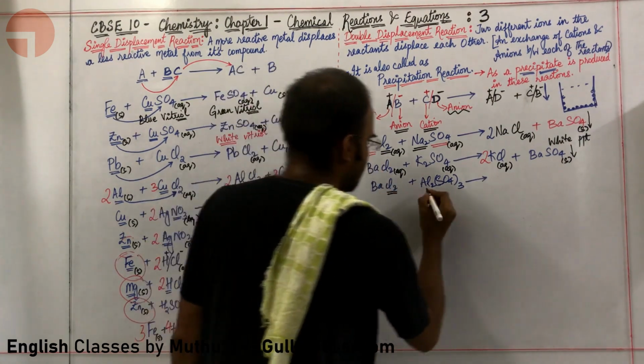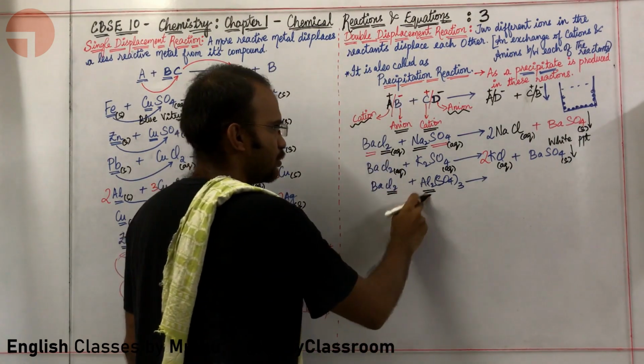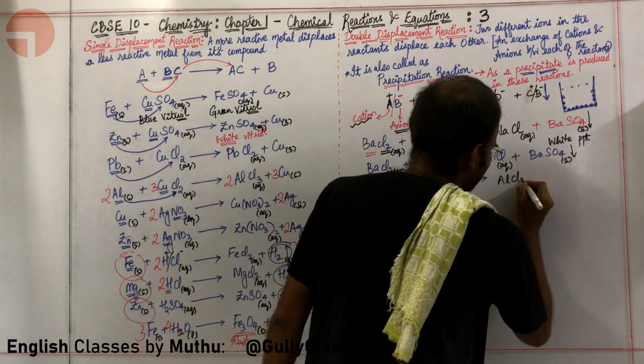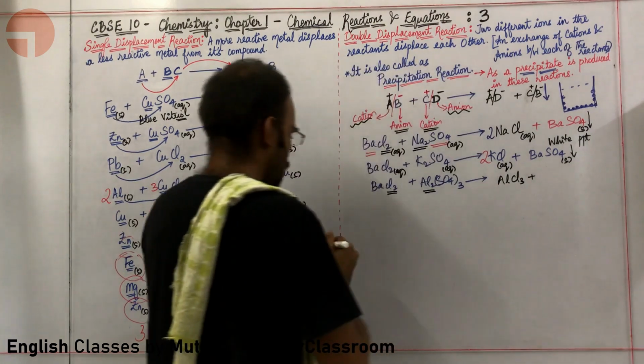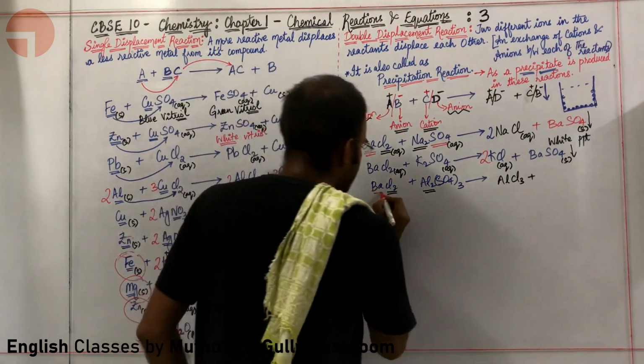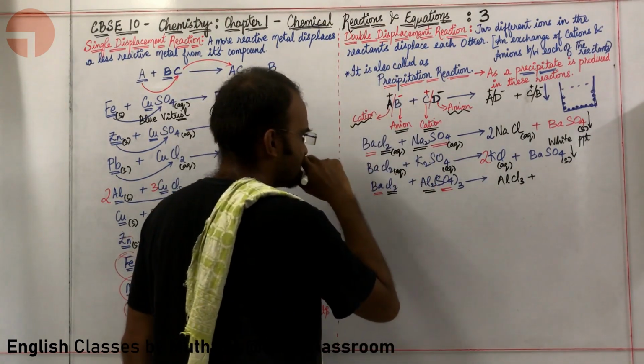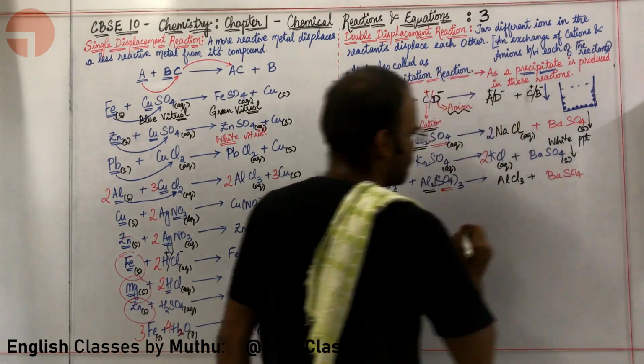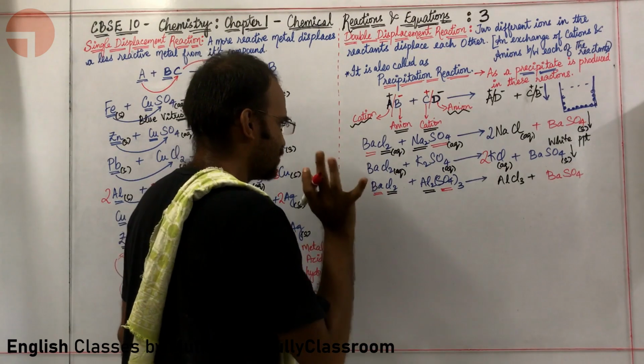Cl2 is combining with Al. Aluminium and chlorine are combining with each other. What are you getting? You are getting AlCl3 plus. Okay. Ba and SO4 are combining with each other. What are you getting? I am getting simply BaSO4.